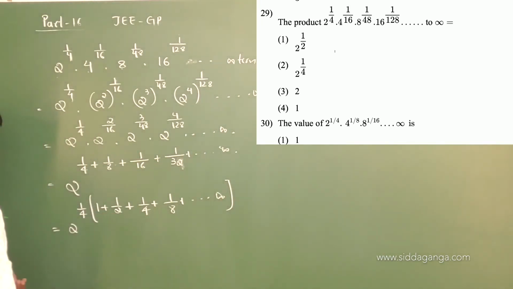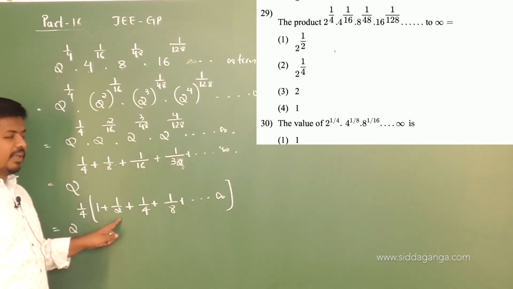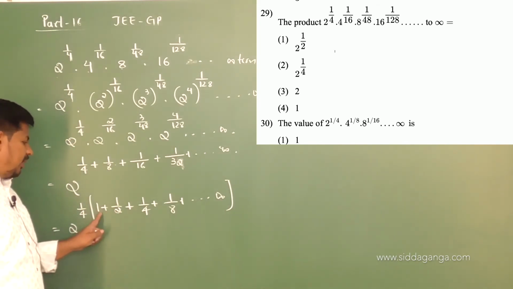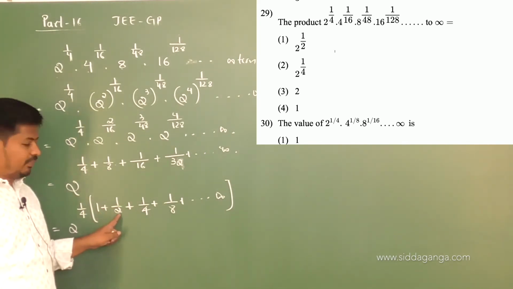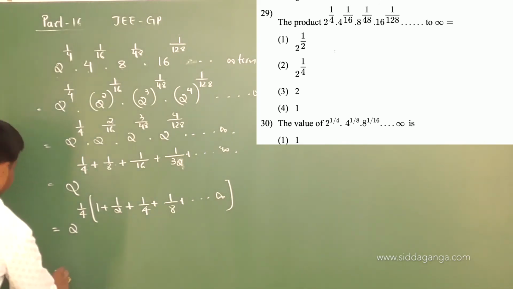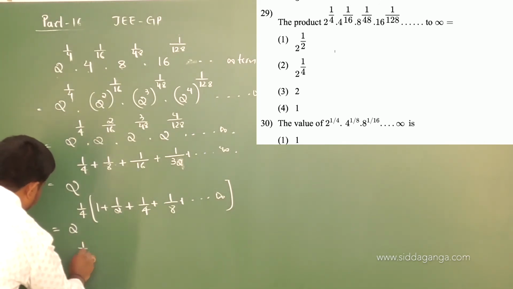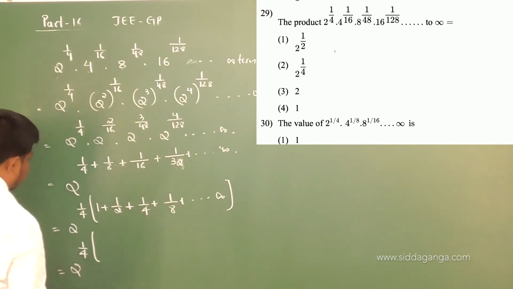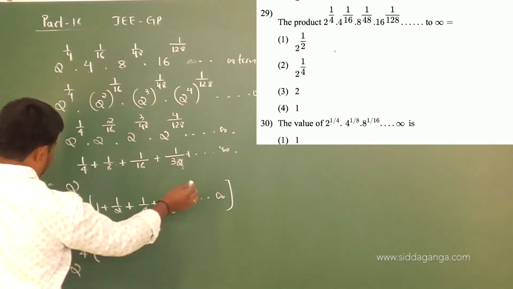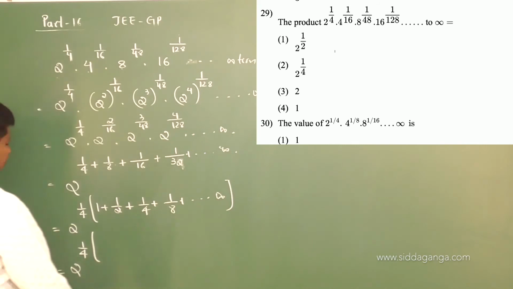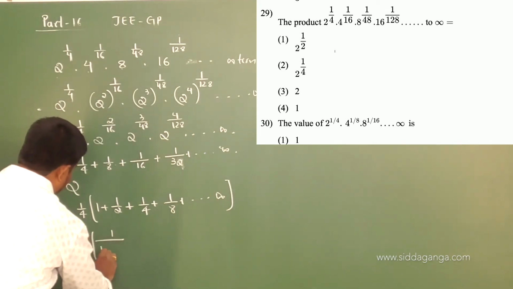Again, this is a GP with first term 1 and common ratio 1/2, since (1/4)/(1/2)... so 1/4 by 1/2 is 1/2. So we have 2 power of 1/4 into, because the sum of infinite terms of a GP is a/(1 minus r).